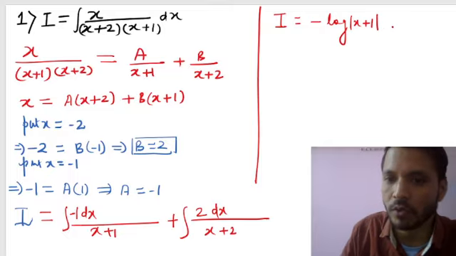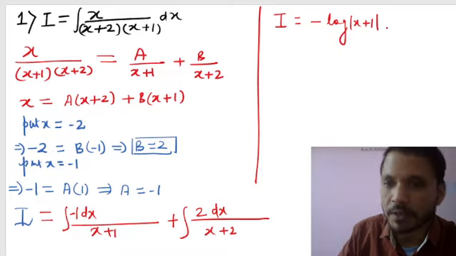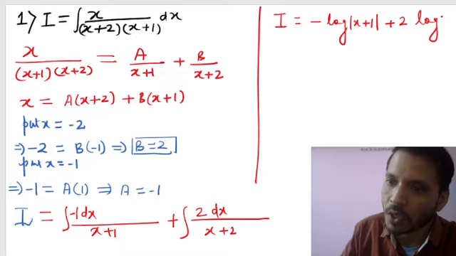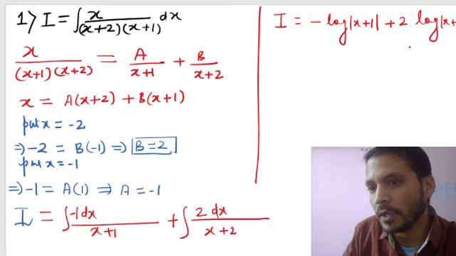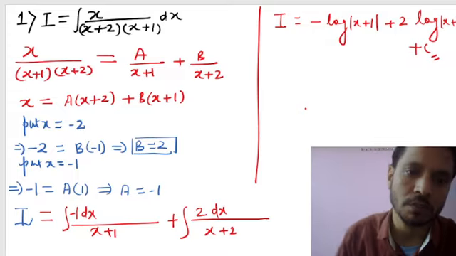Since we know the formula for 1 upon x is log x, but here it is x plus 1, so it will become log of (x plus 1), and here plus 2 will come outside, and it is log of (x plus 2) plus c. So this is the answer of the first question.